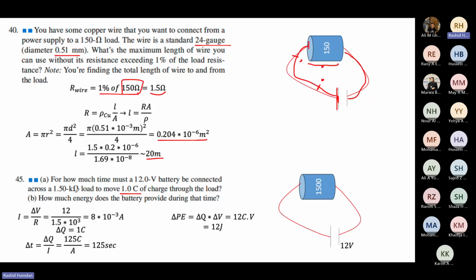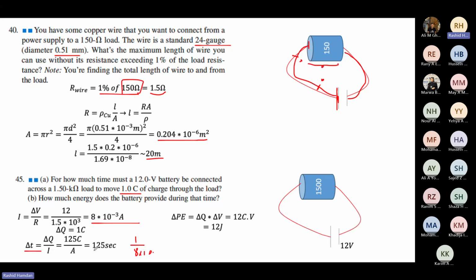So I find I first. I is delta V over R. So the current is 8 milliampere, or 8 times 10 to the power minus 3 ampere. The time required is dq over I. So I have 1 over 8 times 10 to the power minus 3, meaning 1000 over 8, which gives 125.